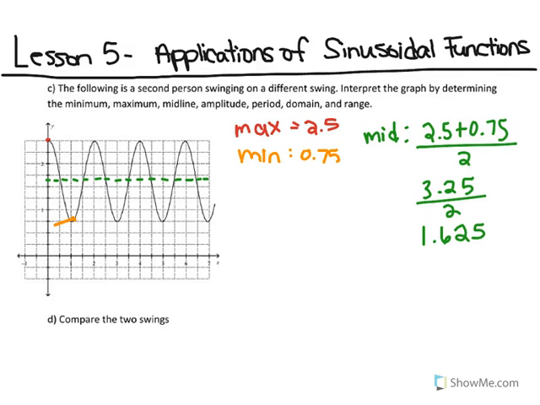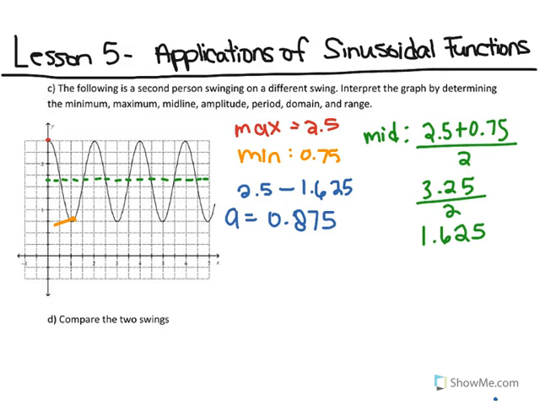Now we're going to find our amplitude. So to find our amplitude, we take our maximum, which is 2.5. We subtract our midline, which is 1.625. And you get 0.875. You can also find your amplitude by doing it with the minimum as well. Now we're going to find our period length.